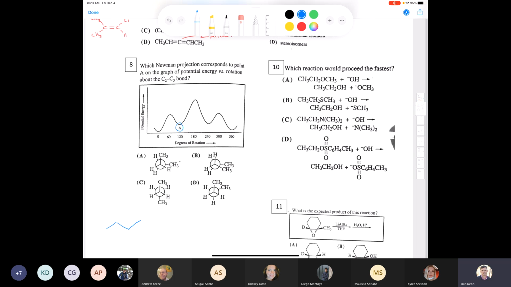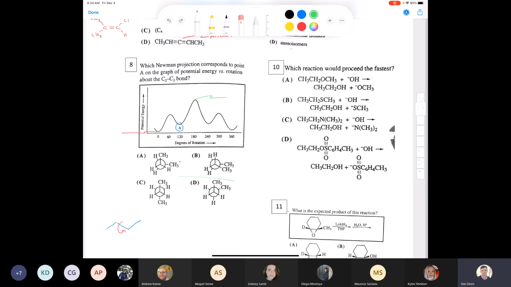So what we're doing is we're looking at the rotation around the carbon-2, carbon-3 axis. The first thing I think we should do is evaluate what's going to be the lowest energy, and then whatever is going to be the highest energy. If you look at all of these, you see that these two conformations are staggered, and these two conformations are eclipsed.